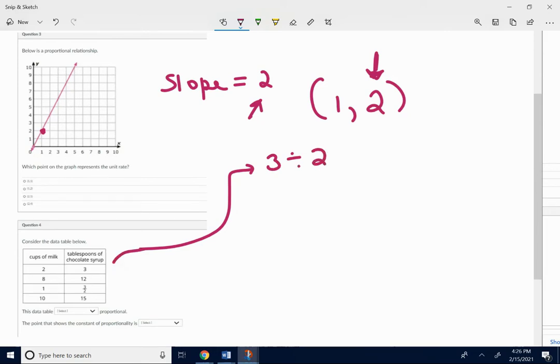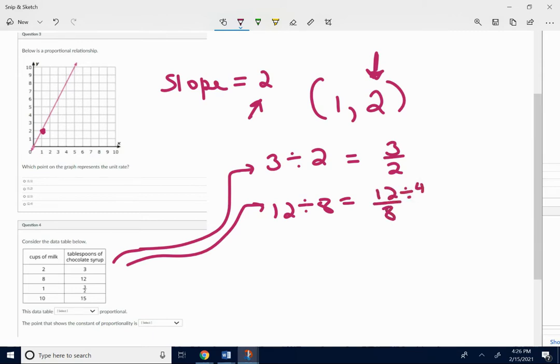So for the first row, I get 3 divided by 2, and I'm just going to leave it as a fraction, 3 over 2. Then 12 divided by 8, which I write as 12 over 8. I'm going to reduce it, and I get 3 over 2 again.